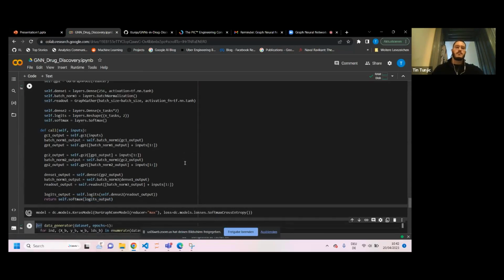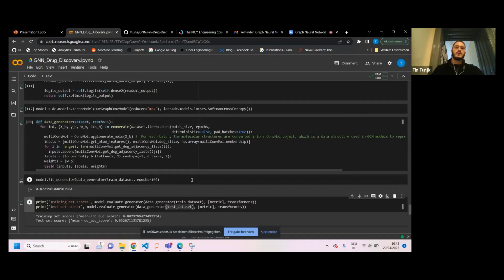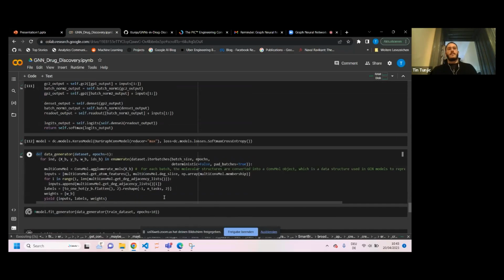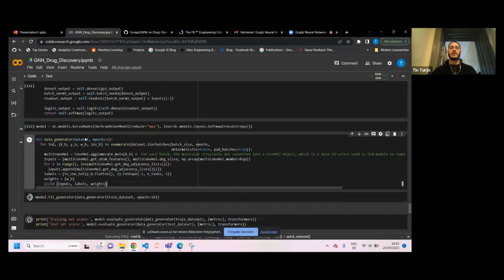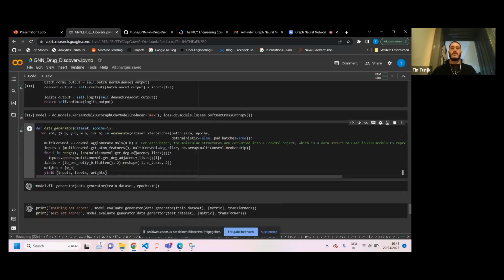This model will take some more time, so while doing that, I'm going to specify some other things. This data generator is nothing else but a generation of the data, obtaining the batches of the specific data so that we can run our model on the data for the number of samples in a batch that we have.